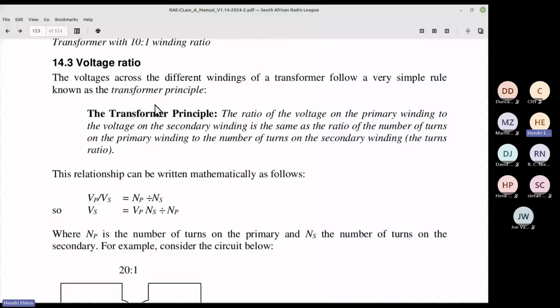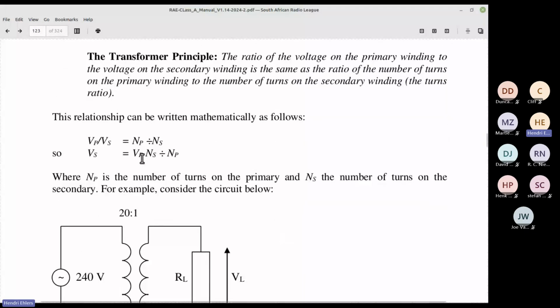And then they've got a nice formula for us here. The relationship can be written mathematically as follows. So VP would be voltage primary, VS voltage secondary. So it's voltage primary over voltage secondary equals the turns ratio.